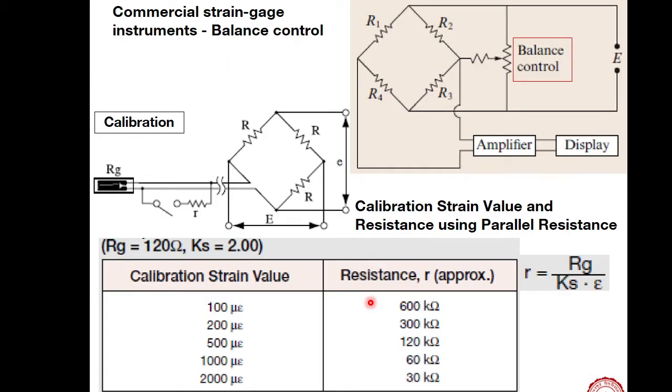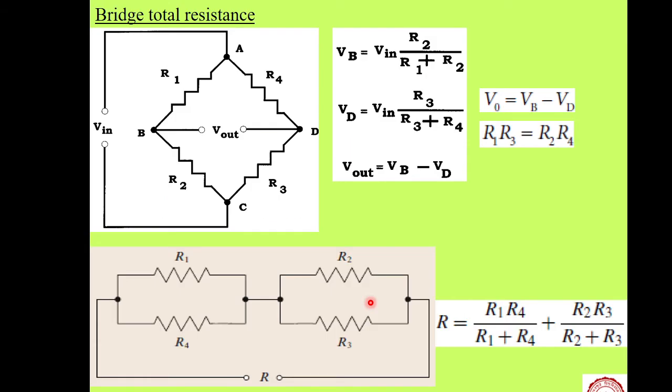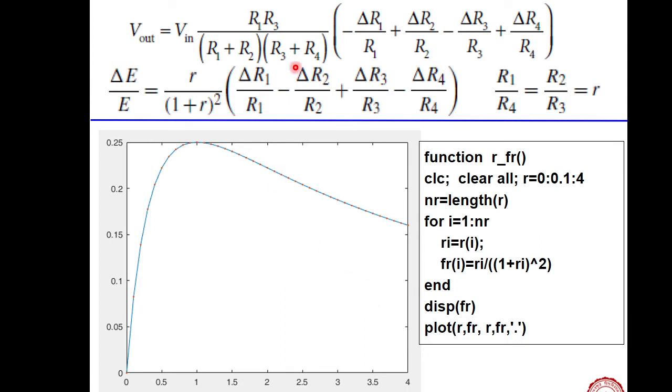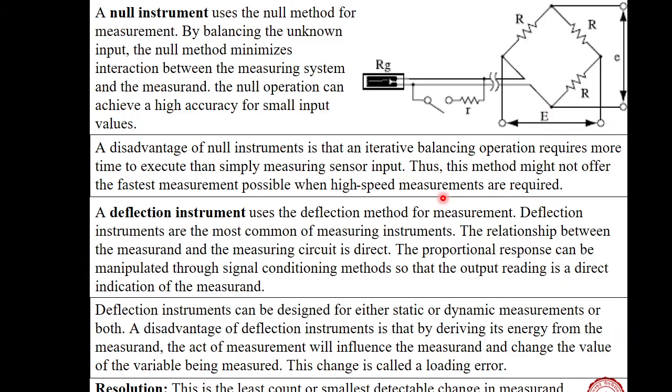Now what are other units? So here you see, previously we have mentioned that in a particular case if all are equal, right? So making all the resistances equal is quite difficult.